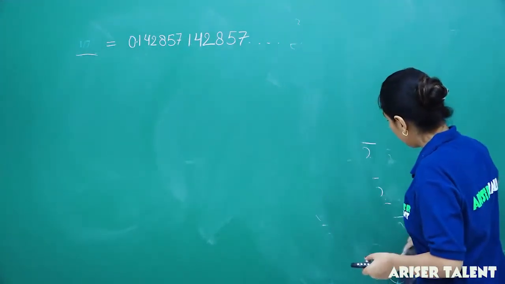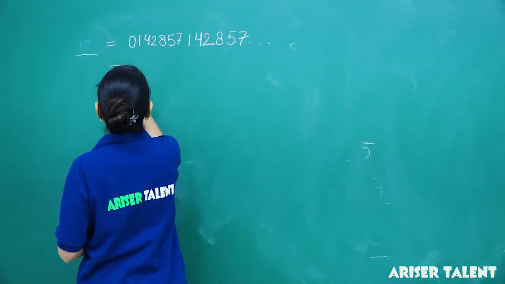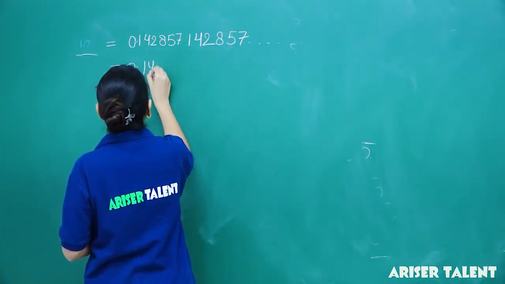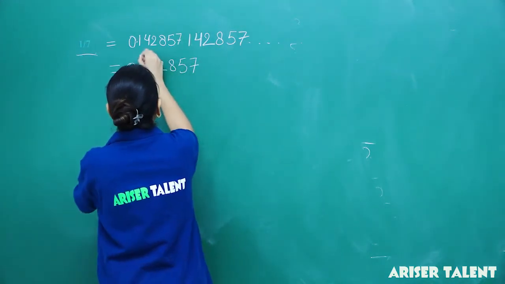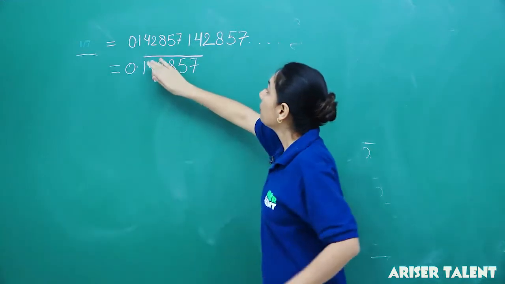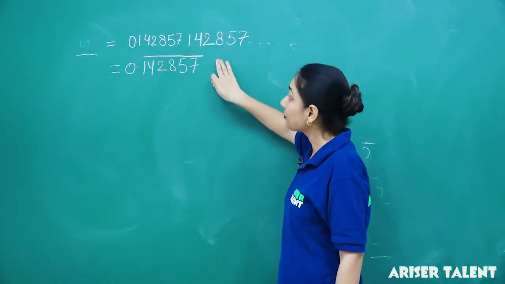So basically what is happening? 0.142857, this number repeats, so we will put a bar on it. We'll call it bar.